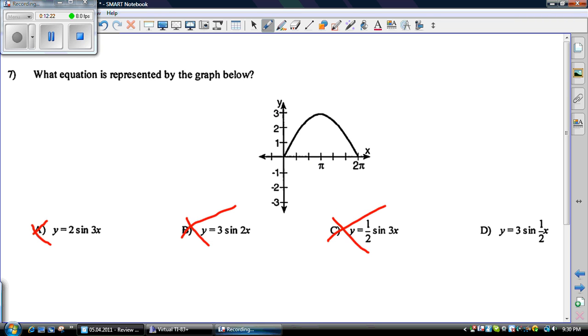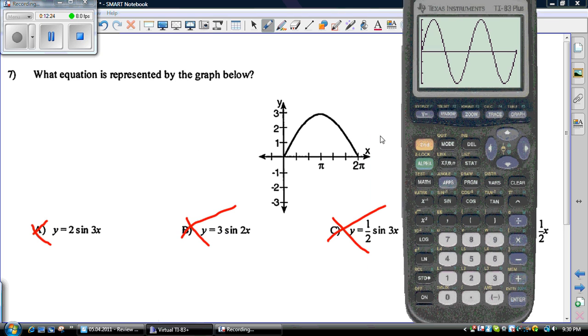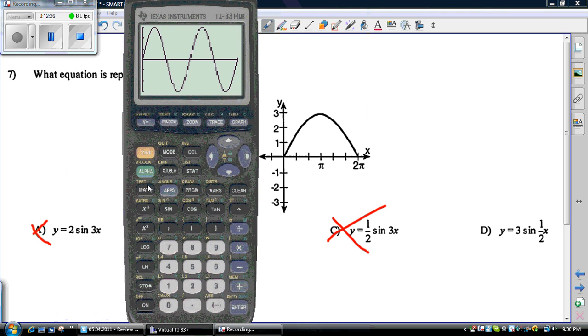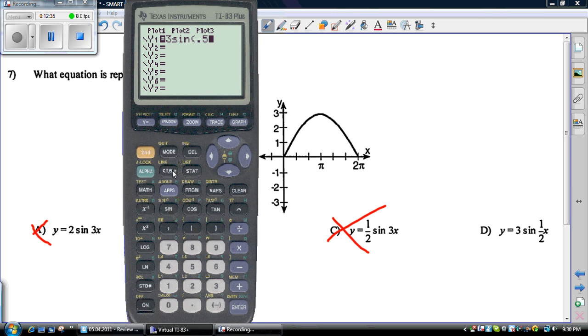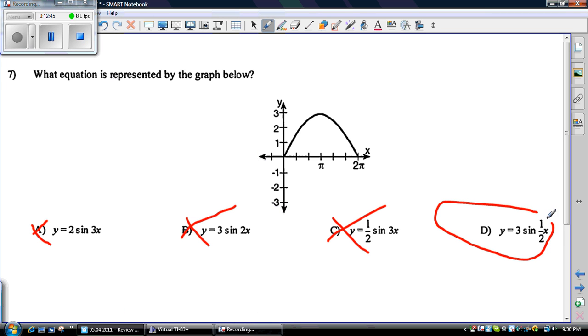Nope, you're out. Let's try choice D: 3 sine 0.5x. Ah, perfect. We can already see it's taking good shape. It's choice D.